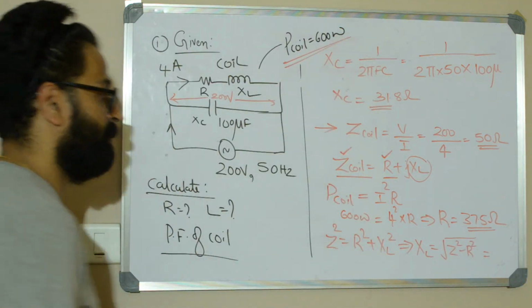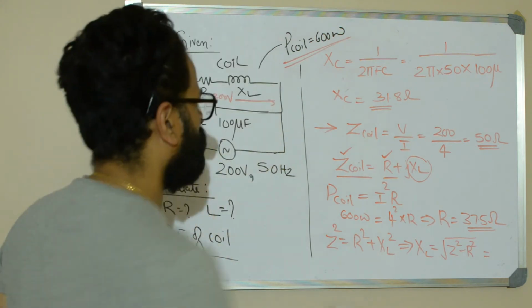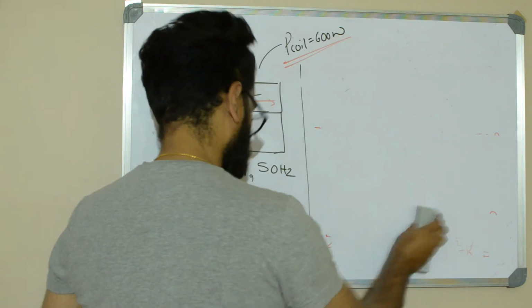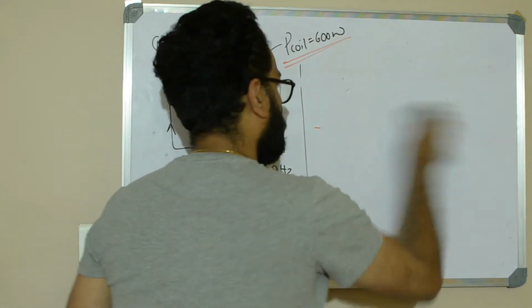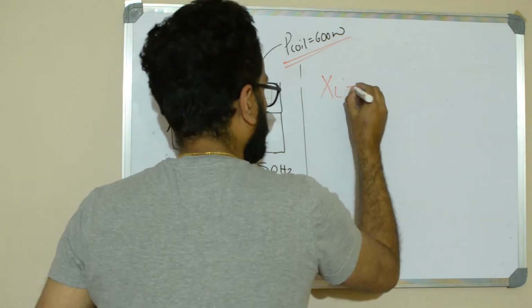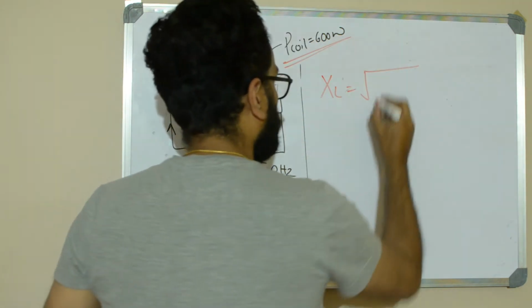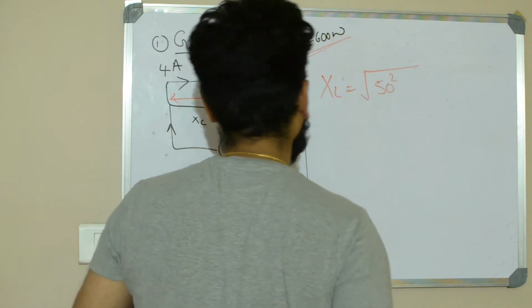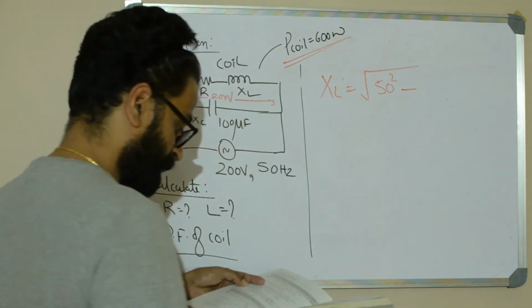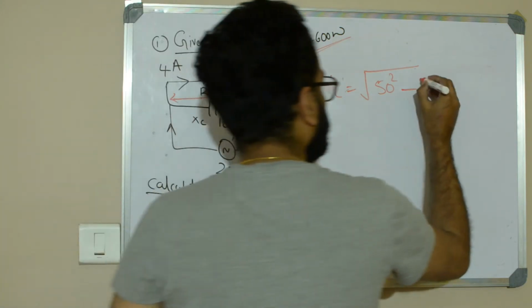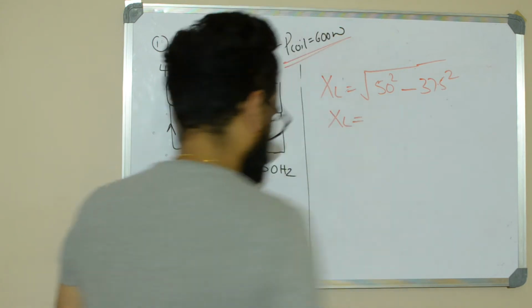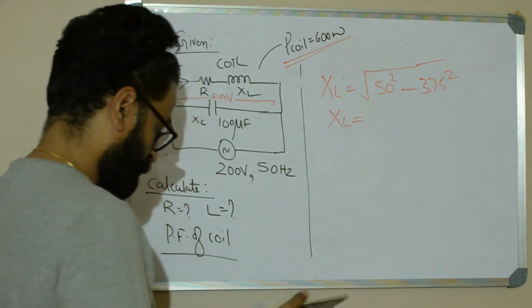When you substitute the values of Z and R, you will be able to find the value of XL. Z was 50 and R was 37.5. So that gives XL equal to 33 ohm.